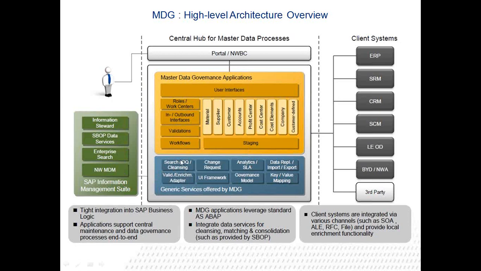Like that, we can do some data quality related operations. To do the data quality operations, you must connect to the SAP information management suite. That integration is possible in MDG. So then, change request.